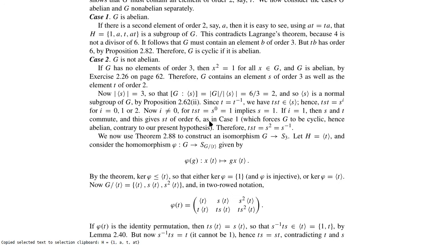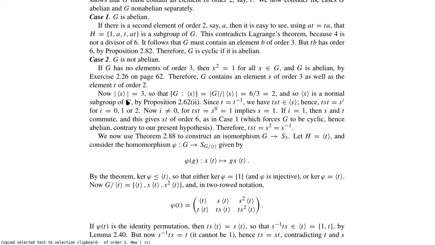This is the notation for the cyclic group generated by S. Remember, the order of the cyclic group generated by S is 3. Now the index of the cyclic group with respect to the parent group G is equal to dividing the order of G by the order of the cyclic group, right?